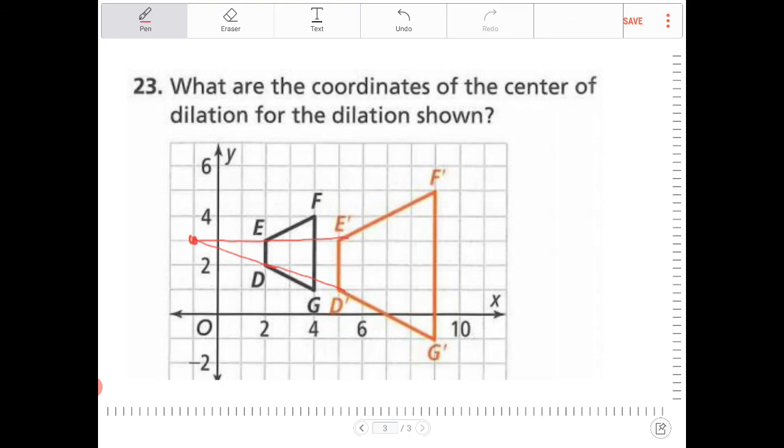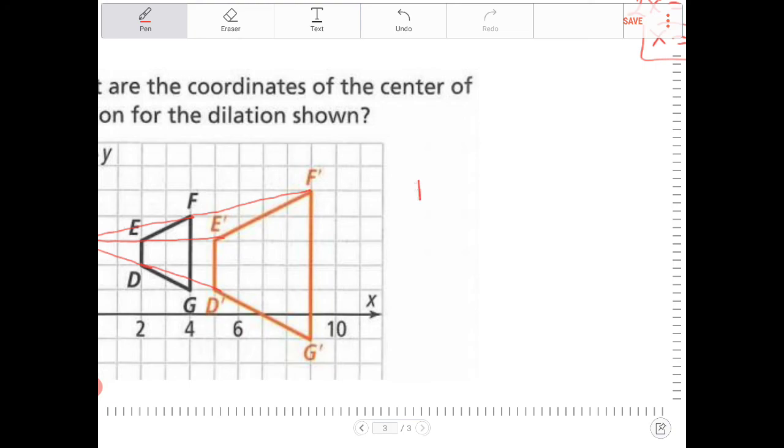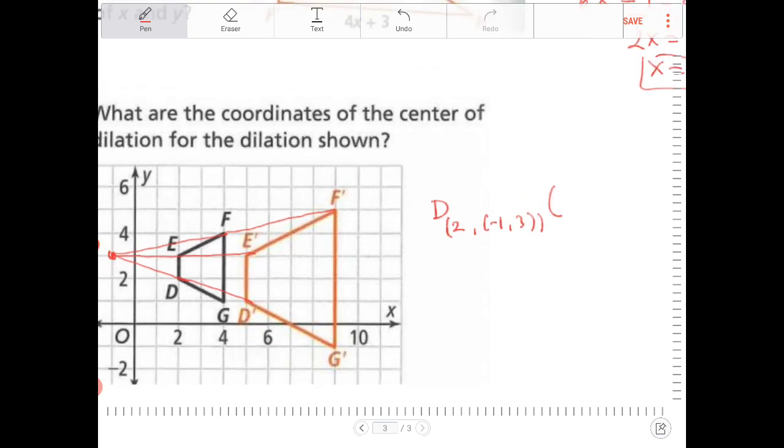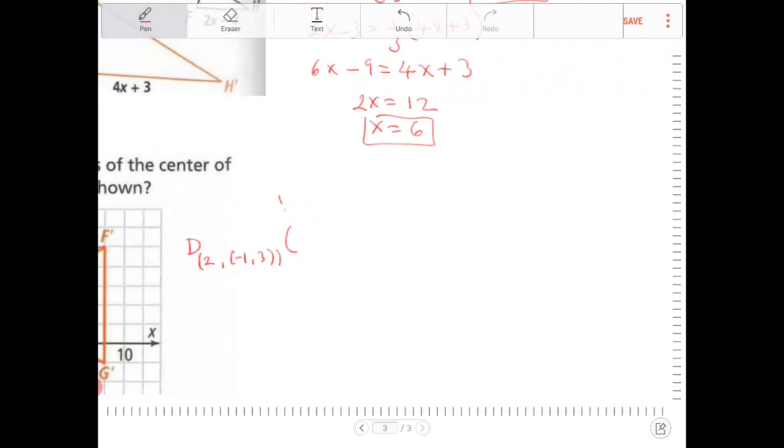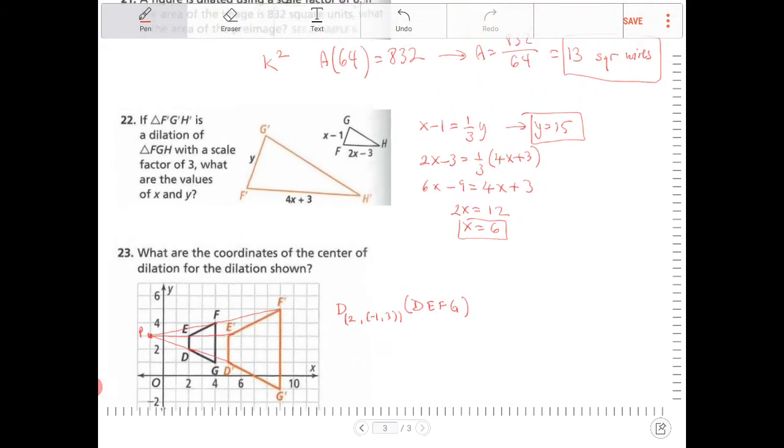If you look at this point here, I'm calling P to F, I'm going to go up 1 and over 5, and then up 1 and over 5. Look at that. It just connects. So the center of dilation is located at negative 1 comma 3. So we're dilating this by a factor of 2 about negative 1 comma 3 for quadrilateral DEFG. And there you go.